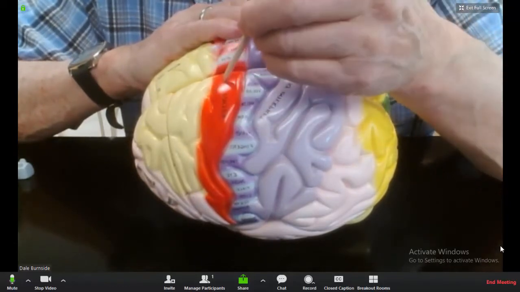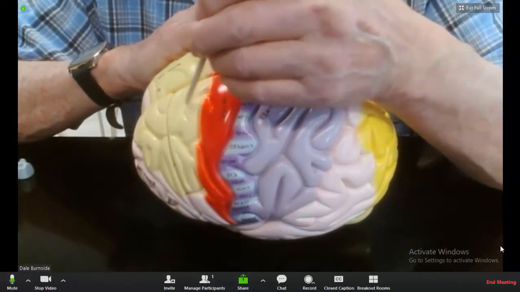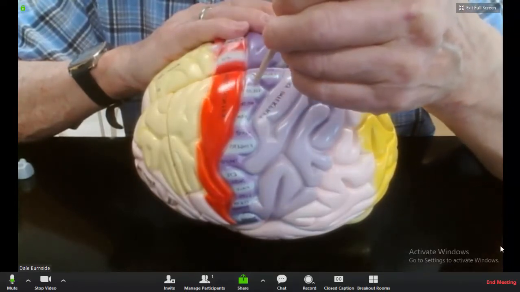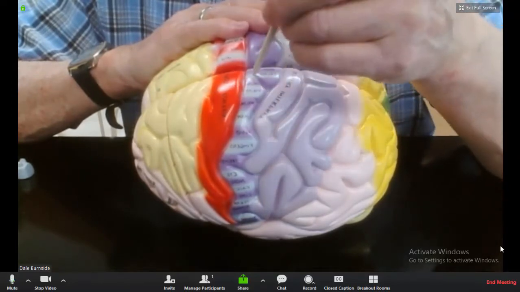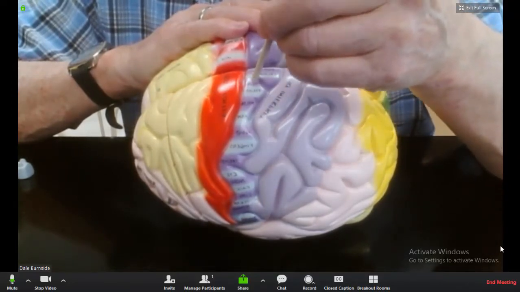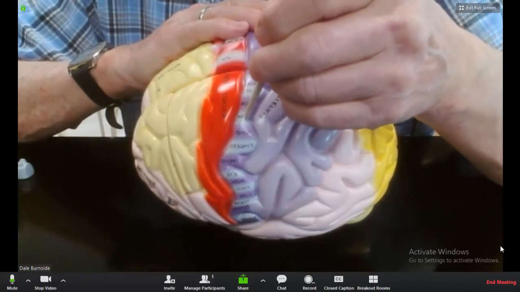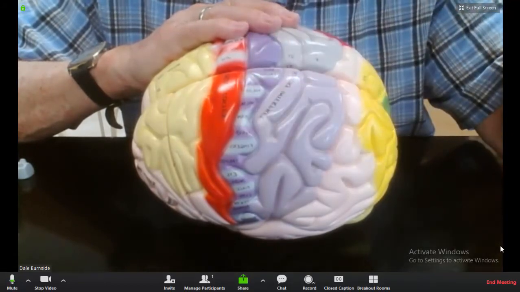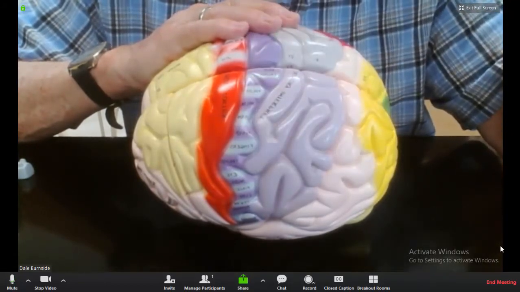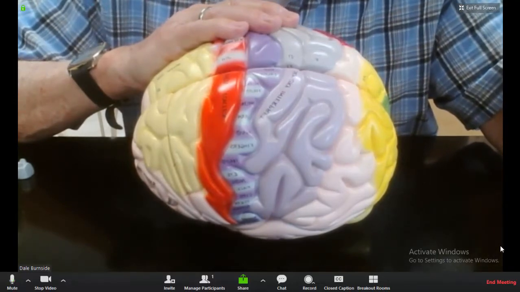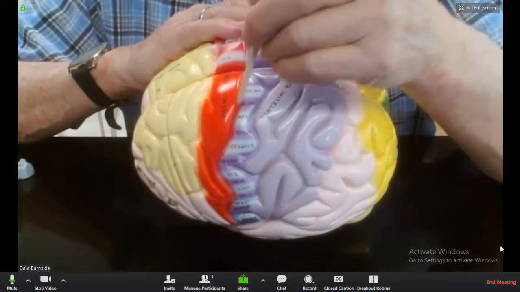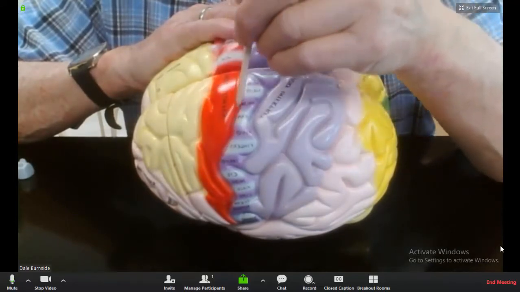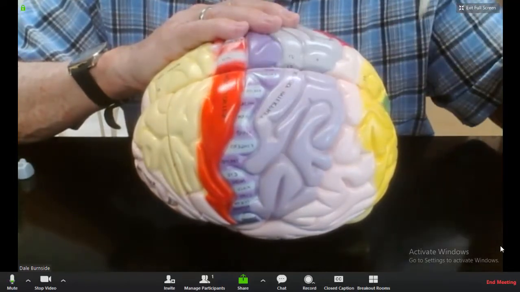And you see the motor cortex is on the frontal lobe, and the sensory cortex is on the parietal lobe. And here, if you touch a certain part of it, the person will get a sensation in a specific part of their body. So we've got a sensory cortex and a motor cortex, and what divides them is the central sulcus.